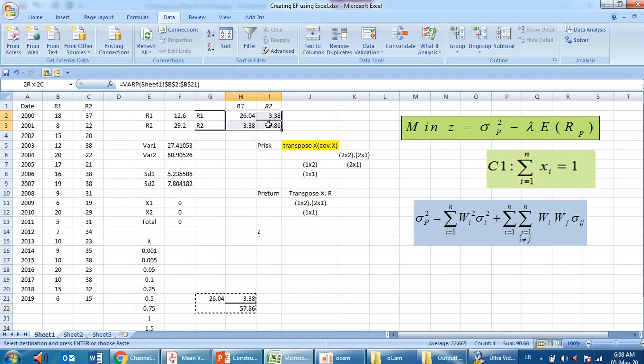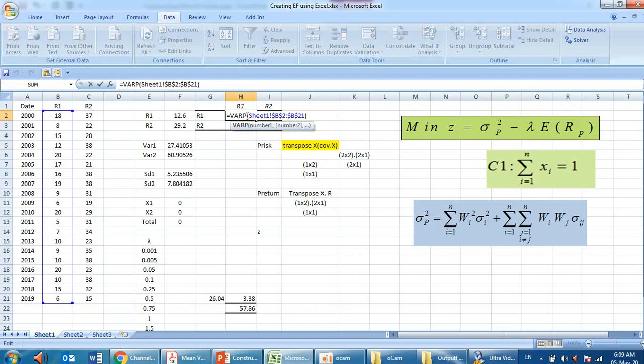Okay, now we've got the covariance matrix, the weight matrix, and the return matrix; all the inputs we needed are there. There might be some confusion. If you remember the variance covariance matrix, this is the variance and this is the variance over here, but these values are different.